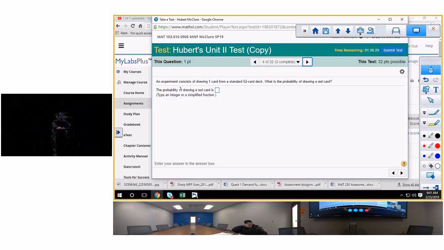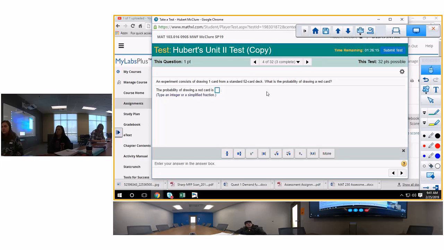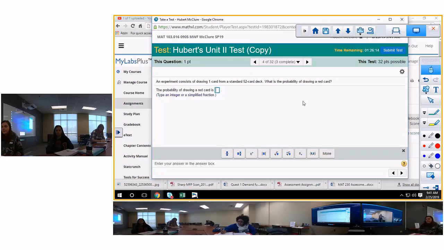An experiment consists of 1 card drawn from a 52-card deck. What is the probability of drawing a red card? 26 out of what? Out of 52.